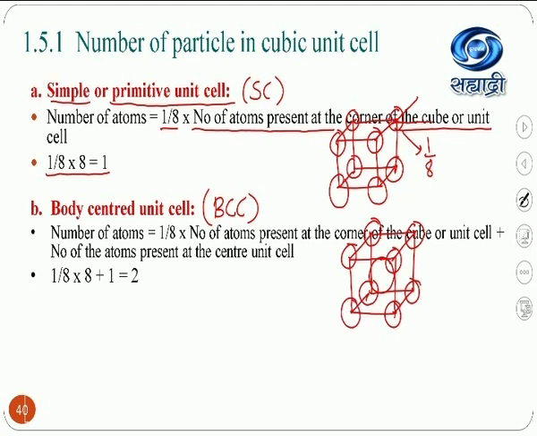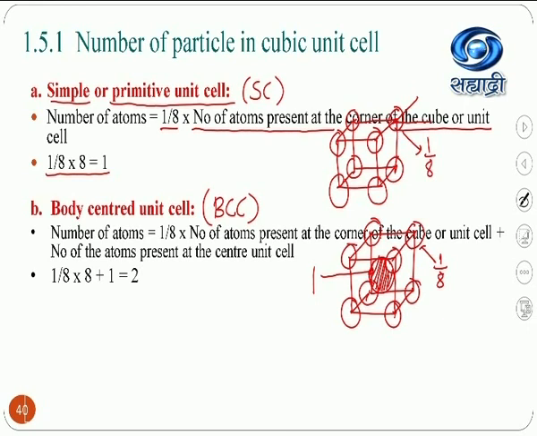As we discussed in the simple cubic system, the corner constituent particles share only a 1/8 portion, while the sphere present at the center of that cube is not common for any other cube. It wholly belongs to that particular cube.